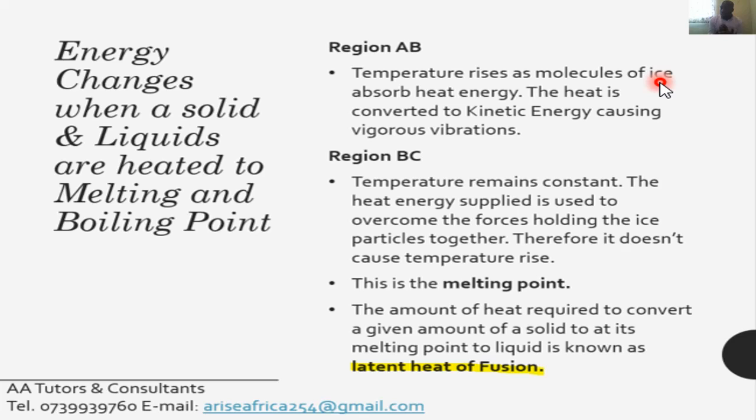They only have limited motion, known as to-and-fro vibrations. But when heat is supplied, this heat energy is converted to kinetic energy. The kinetic energy of the particles therefore causes vigorous vibrations.